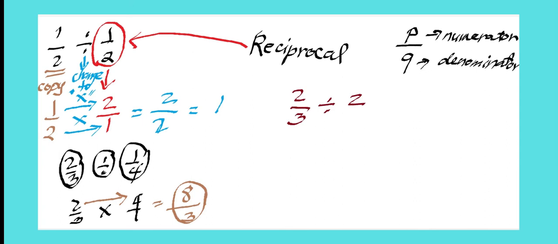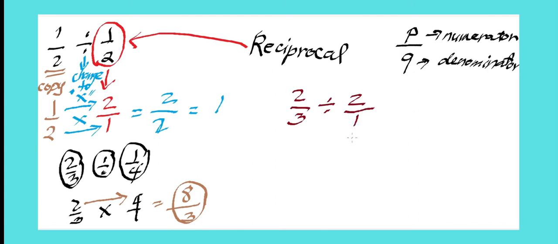What happened? Yes, 2 is a whole number. But you should always remember that any whole number has an imaginary denominator of 1. Very good.